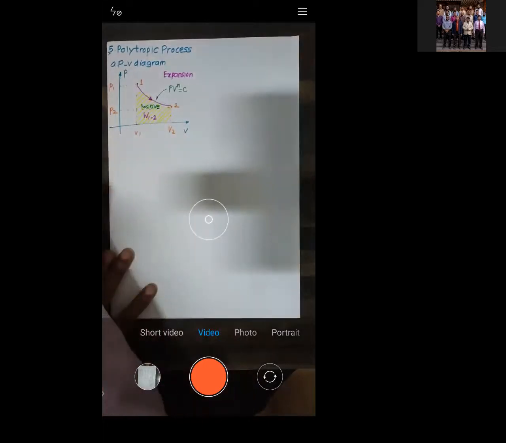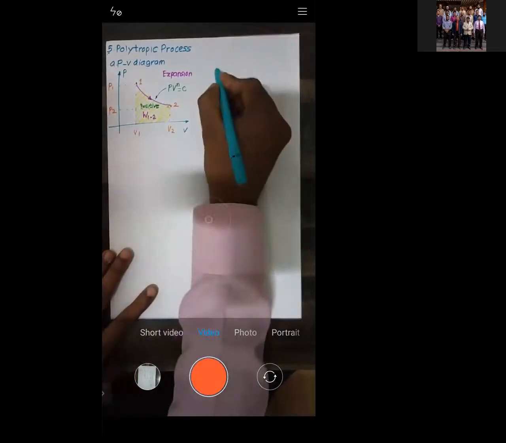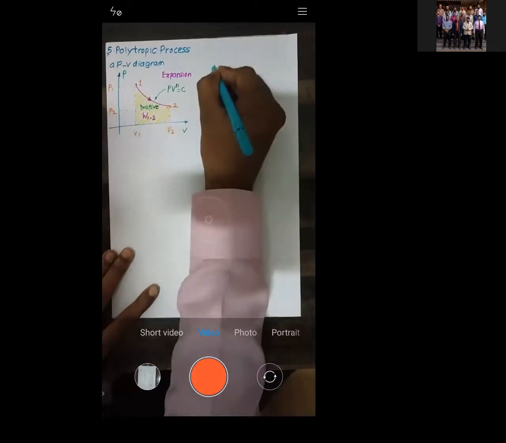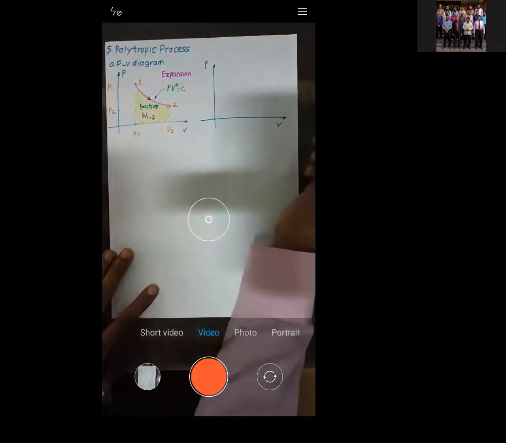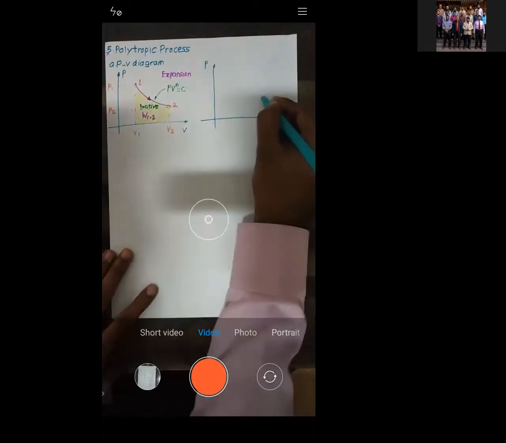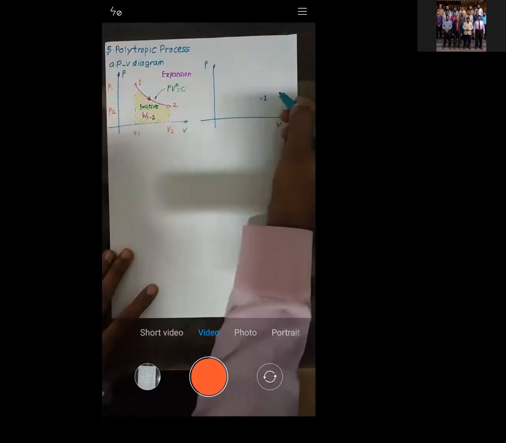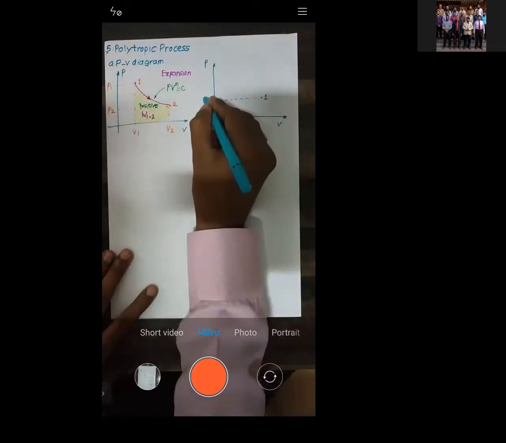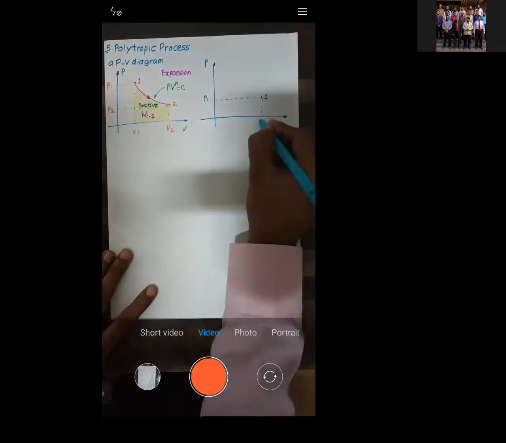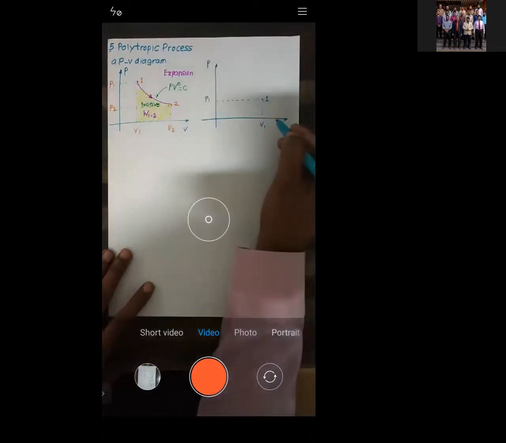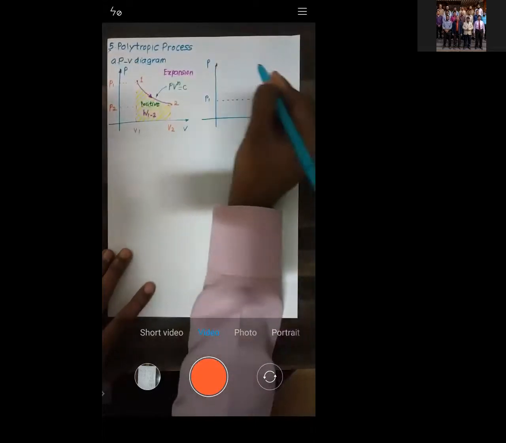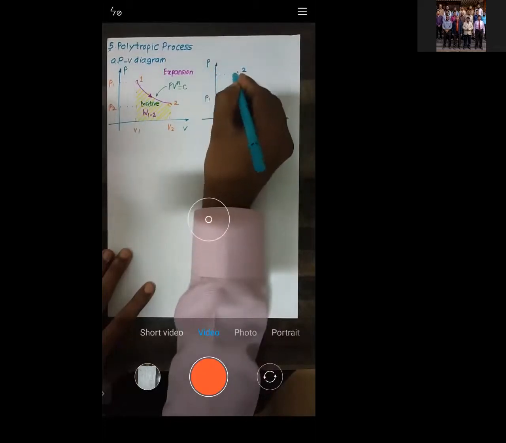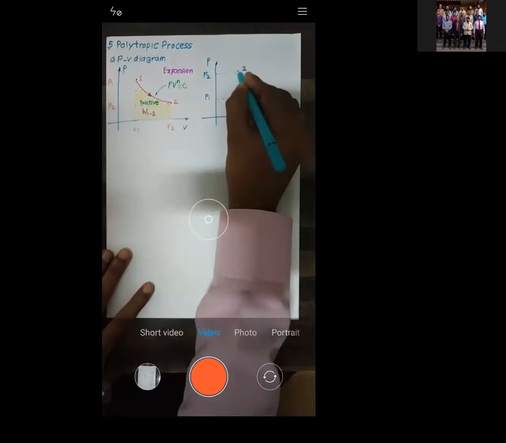On the similar hand, we can have a reverse diagram. Let this be a pressure scale and let this be a volume scale. Let's take the initial point 1 here, with pressure P1 and volume V1. From point 1 we need to move to point 2, where pressure is P2 and volume is V2.